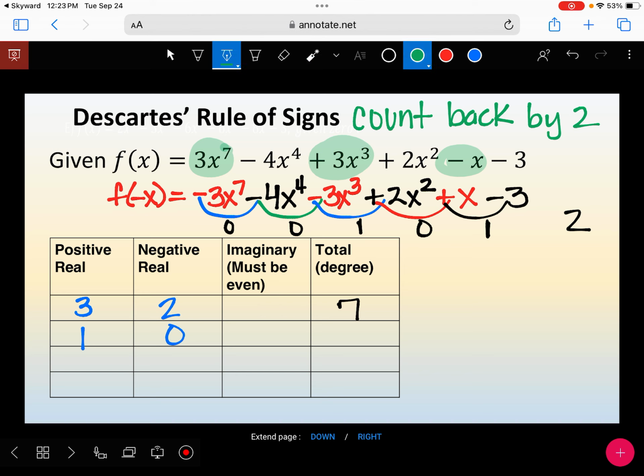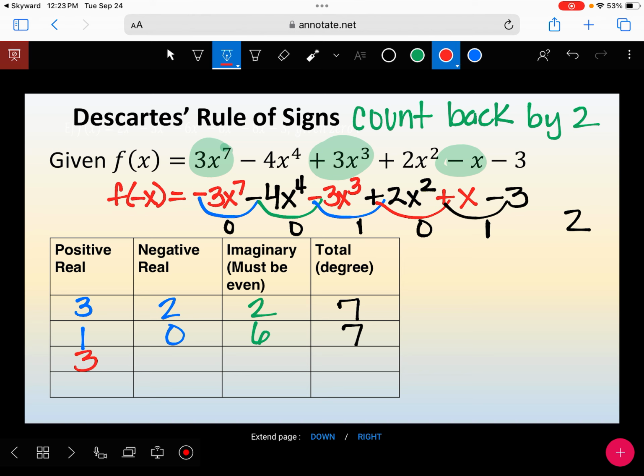2. Imaginary numbers come with a partner. If you have 1, you really have 2. All right, what has to go here to equal 7? 6. All right, so now we need to go back.